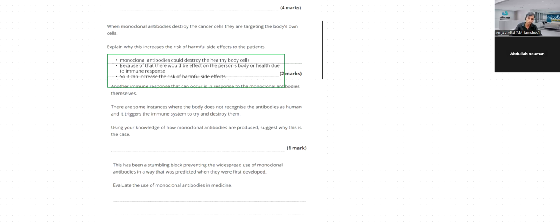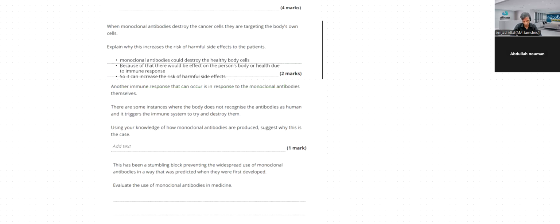So, monoclonal antibodies are produced from loads of clones of a single white blood cell. This can mean they are identical, but I think I don't need an explanation for this because it's just one mark.